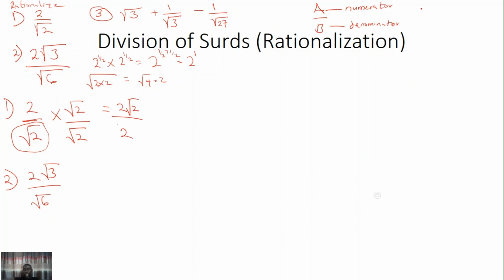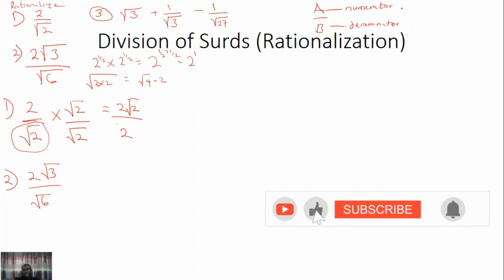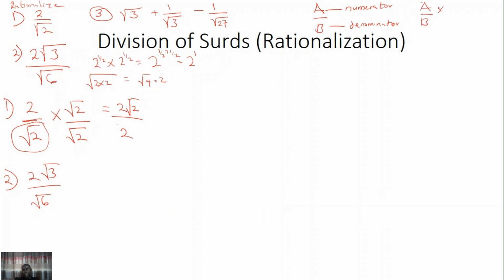If you want to rationalize, you multiply a over b by b. You multiply the numerator by b and the denominator by b. This is what rationalization of surds is.